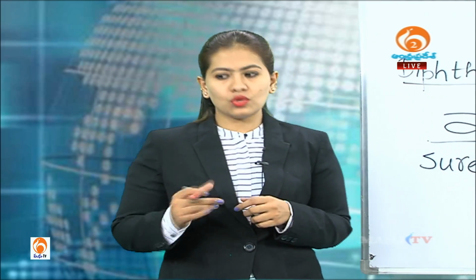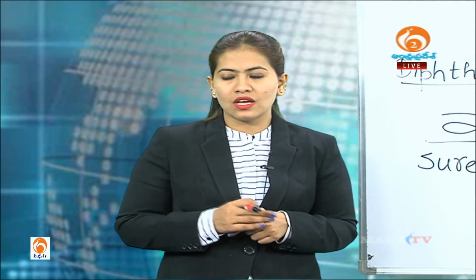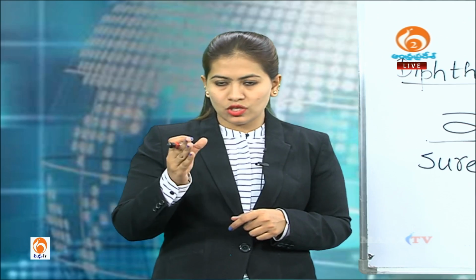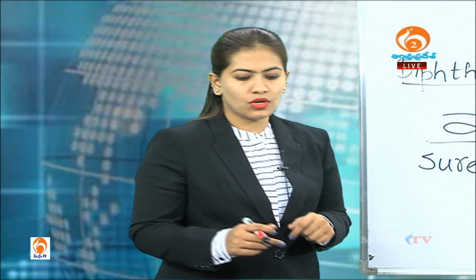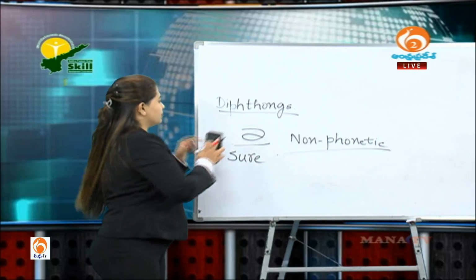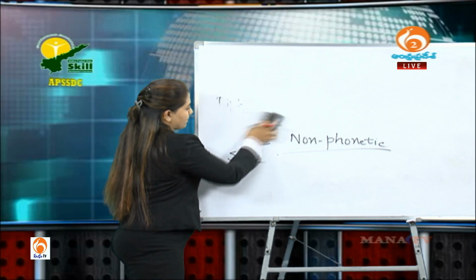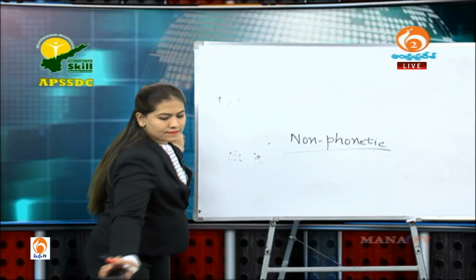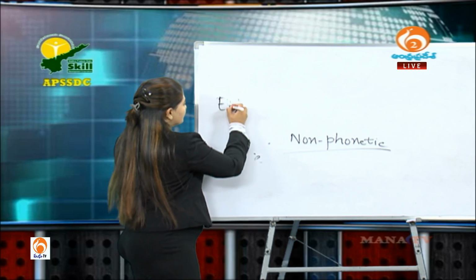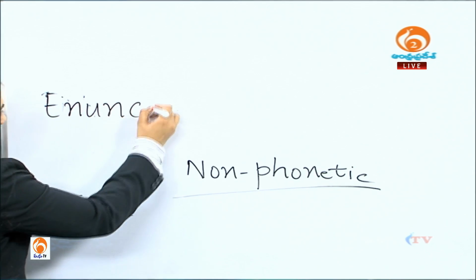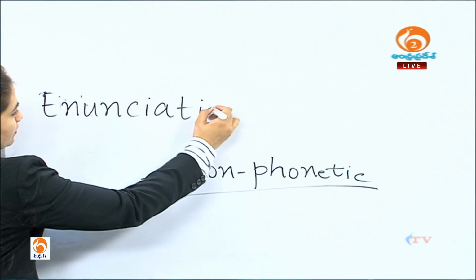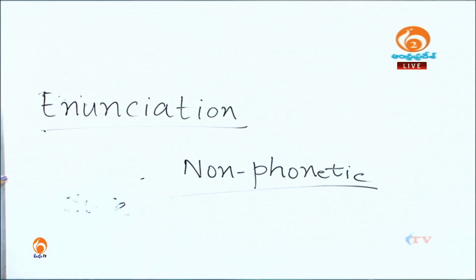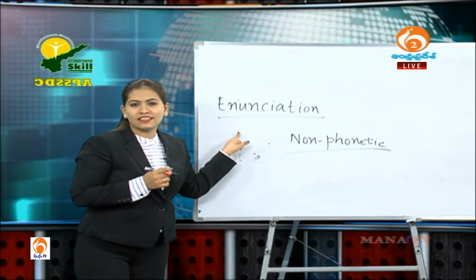So for the sake of practice, we will make sure we get the enunciation right. I'd like to introduce you to one more word now. I do not mean pronunciation here, I mean enunciation.